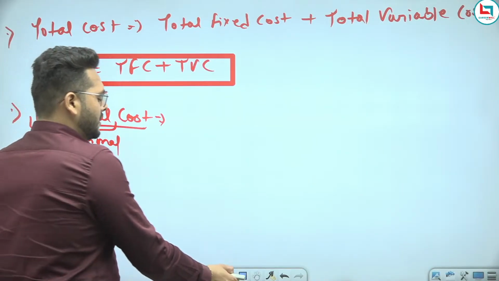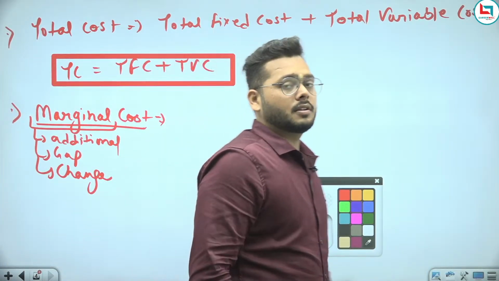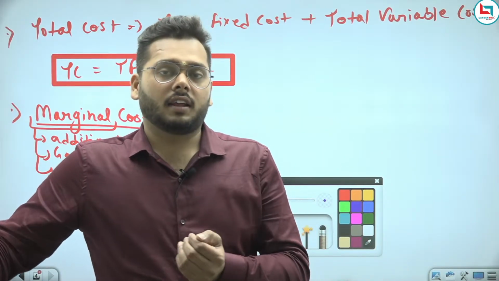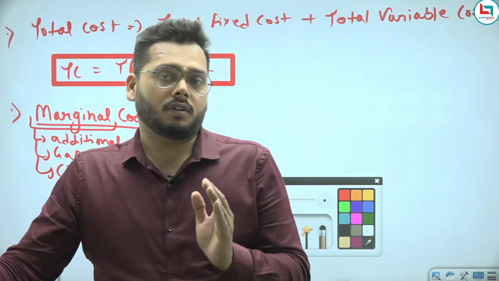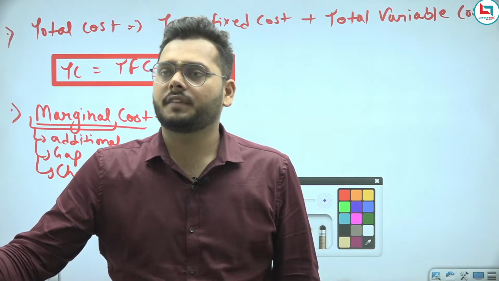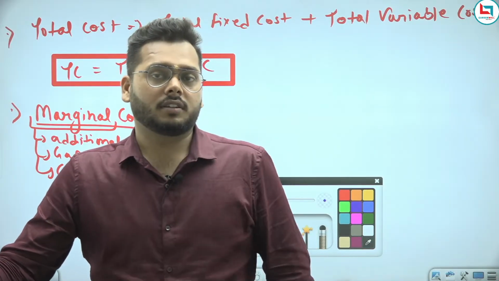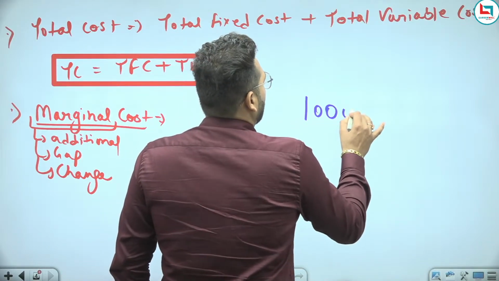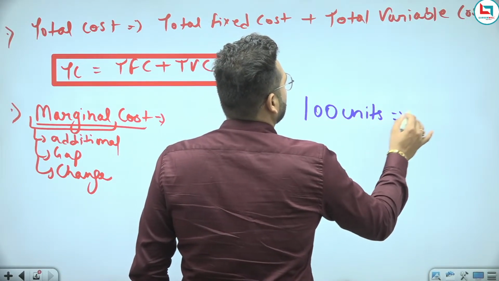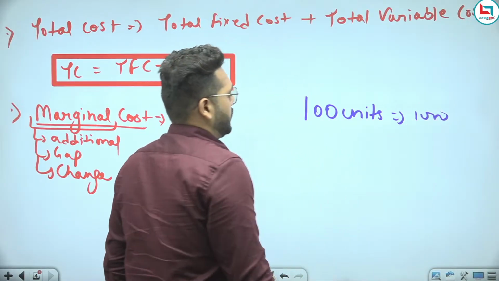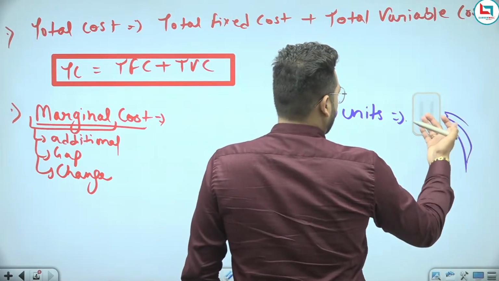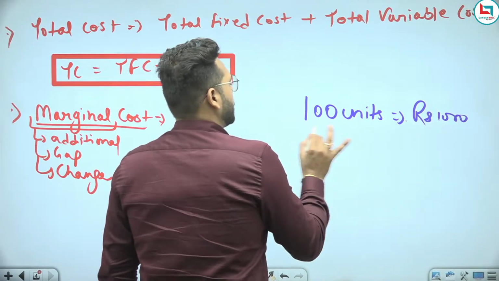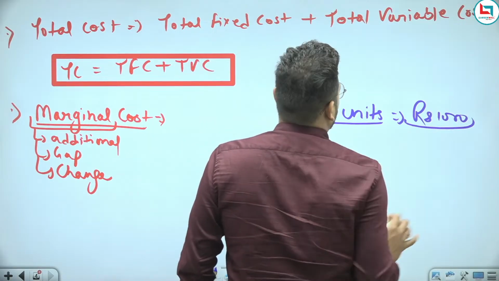So what do you mean by this marginal word? Marginal cost means any additional cost, any additional expenditure occurring. Let's say you are producing 100 units, and it costs 1000 rupees.